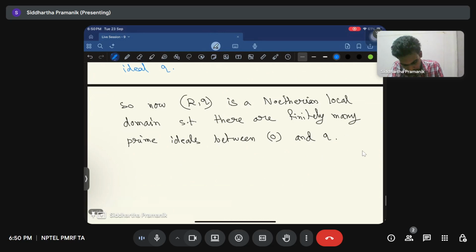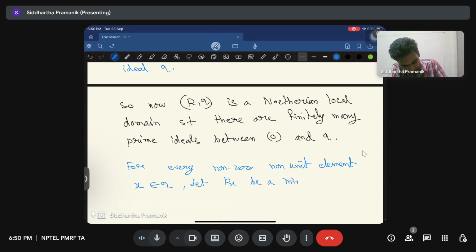So now for every non-zero non-unit element x belonging to Q, let Px be a minimal prime of the ideal generated by x.